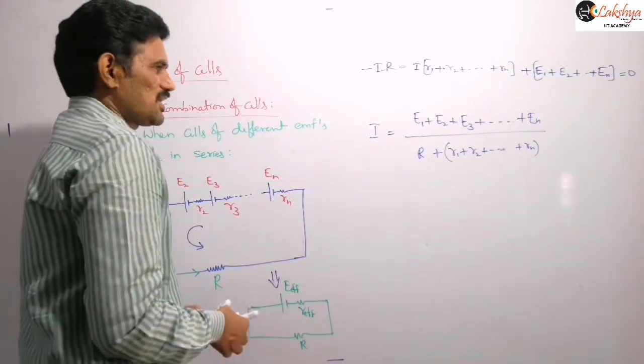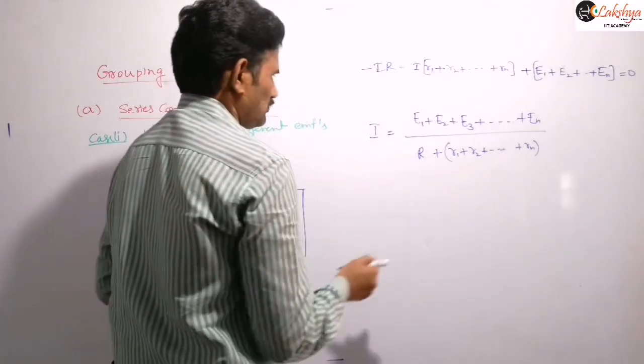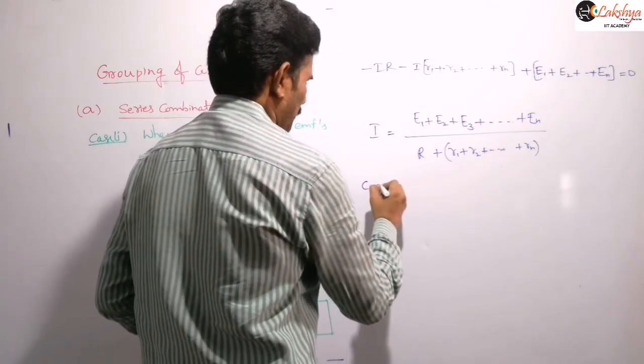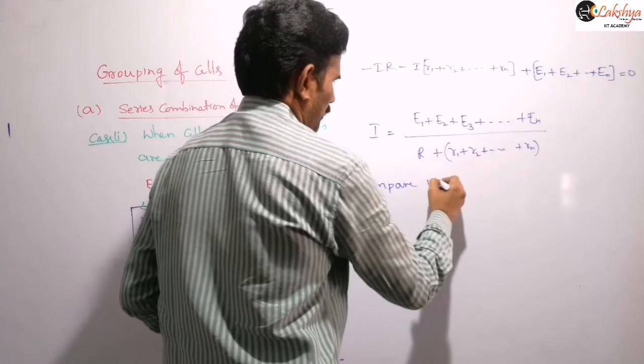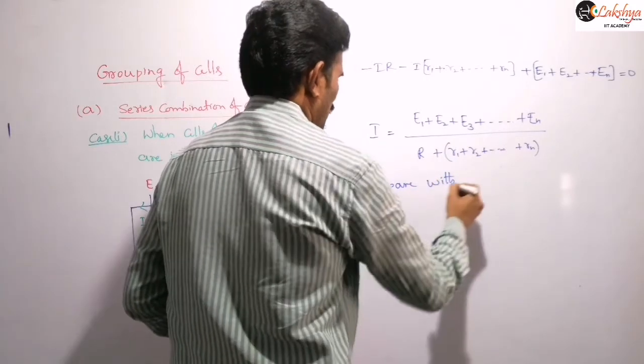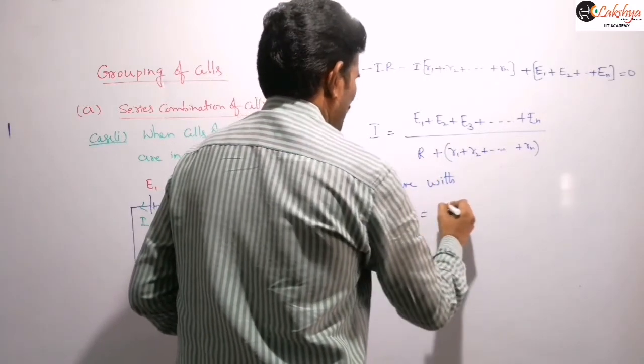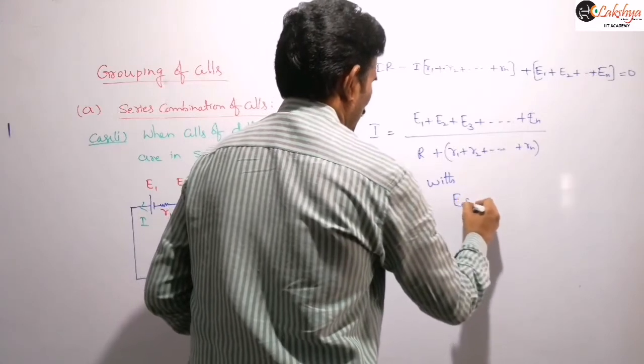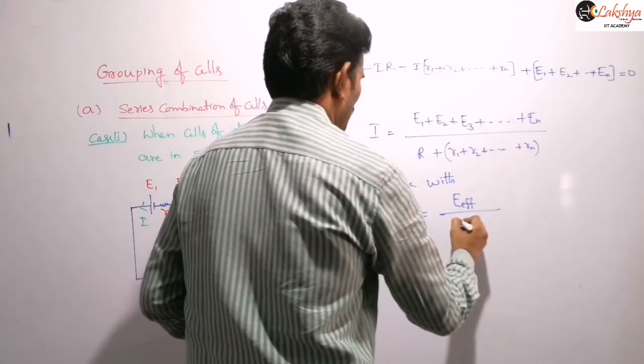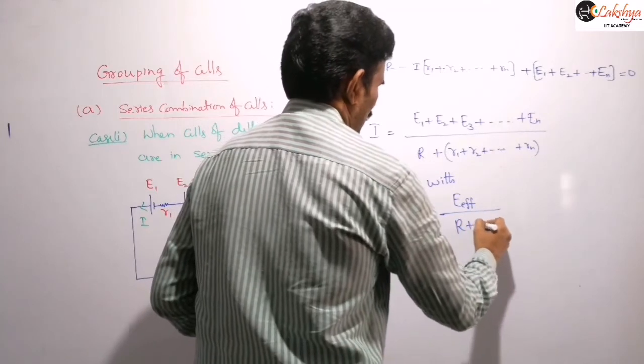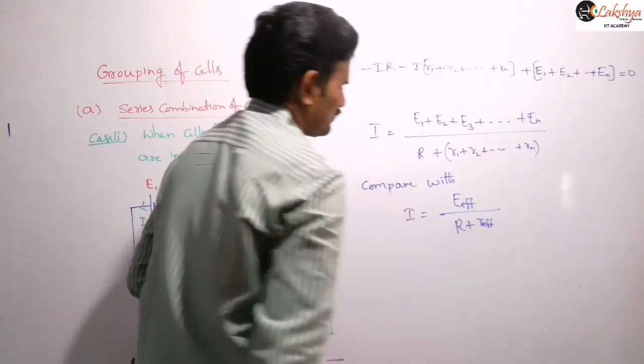And so now this equation I can compare with this. So compare with I is equal to E effective by R plus R effective, right?